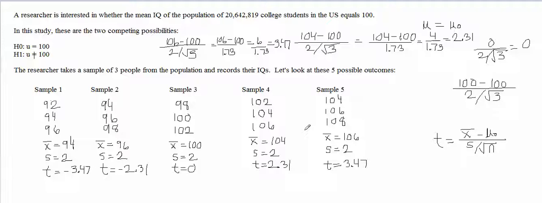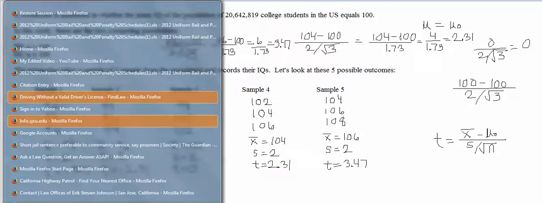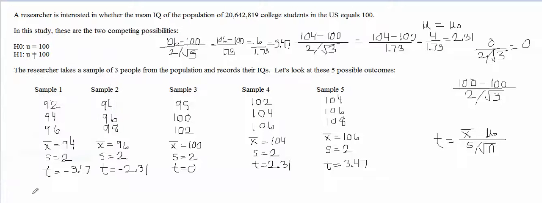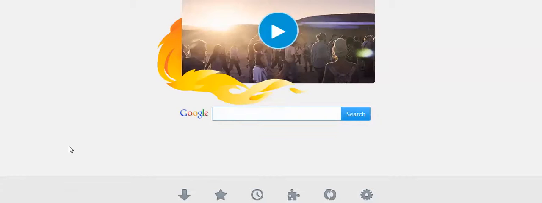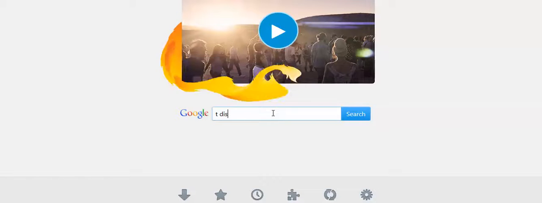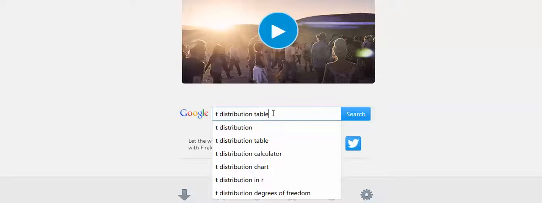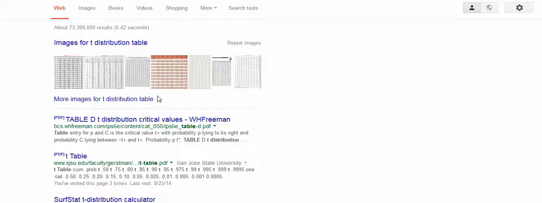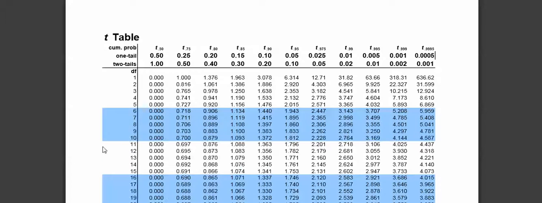Okay, now that that's finished, let's find out what the critical t-scores are. Go to our t-table. You have to go to one less than our sample size, which is a df of 2. We're looking for both the positive and the negative critical values, which means we use two tails. You go to 0.05.